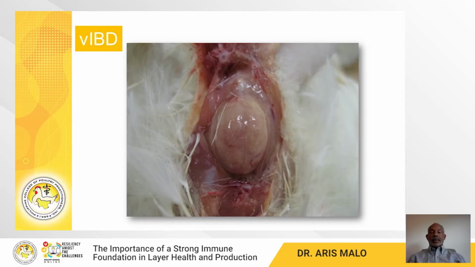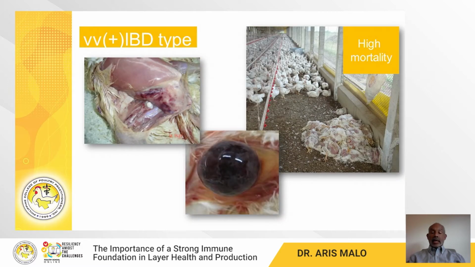Some pictures about what we will see in the field: here, a bird affected by a virulent type with a swollen bursa, with a gelatinous exudate around it. Maybe you could see some mortality in these birds. Whereas in the next slide, you will see in a more severe case, the hemorrhagic bursas, birds showing hemorrhages in the muscles, and a higher rate of mortality.